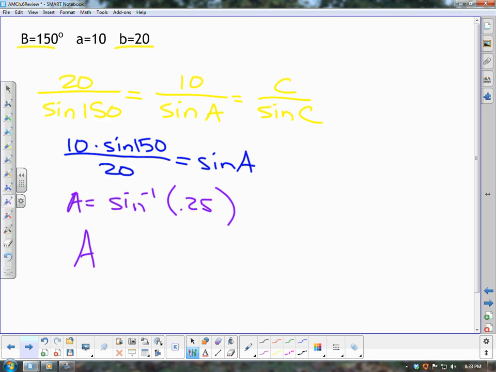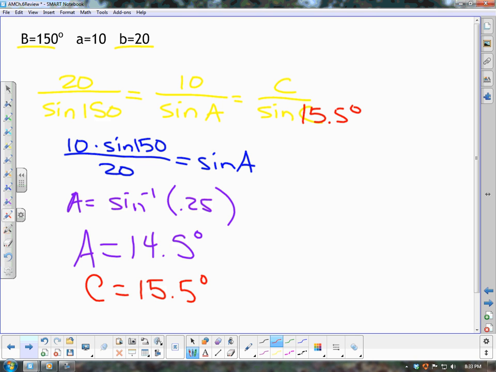And so angle A is 14.5 degrees, which then makes angle C 180 minus 150 plus 14.5, which is 164.5, and that makes this 15.5 degrees. And if you put 15.5 in here, then you're going to have to figure out what C is.